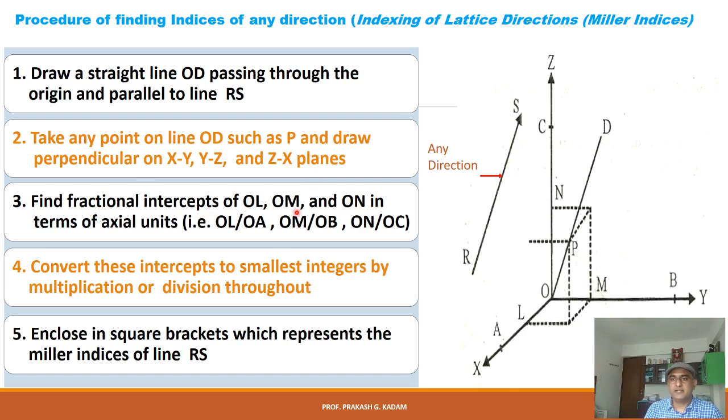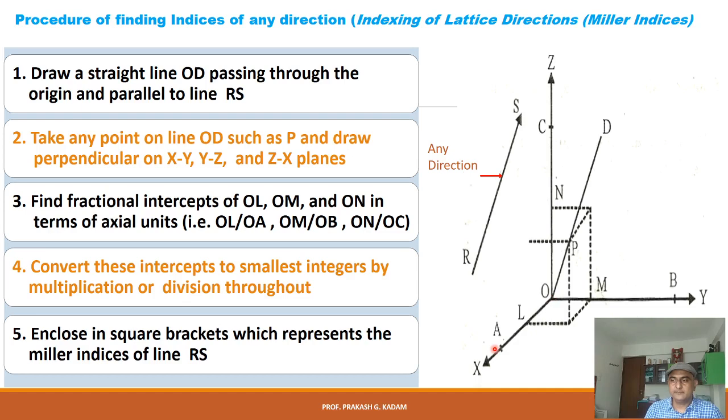Find the fractional intercepts. When we draw a perpendicular from this point, the lines cut the axes X, Y and Z at points L, M and N respectively. So we have to find the fractional intercepts OL, OM and ON. How do we find the fraction?